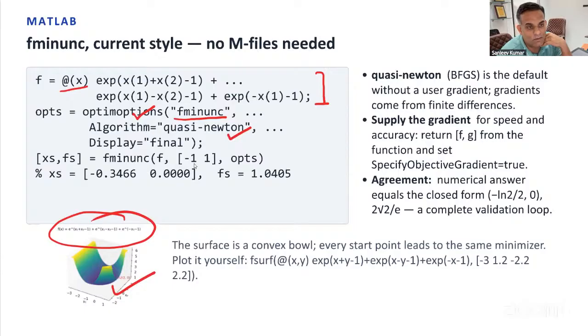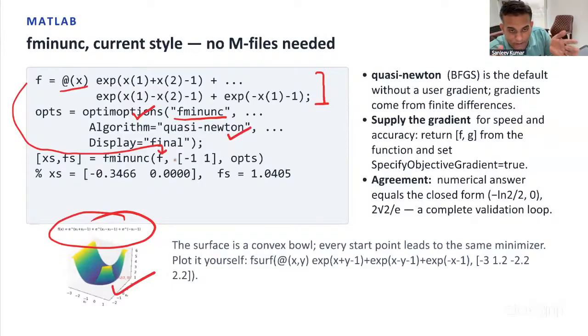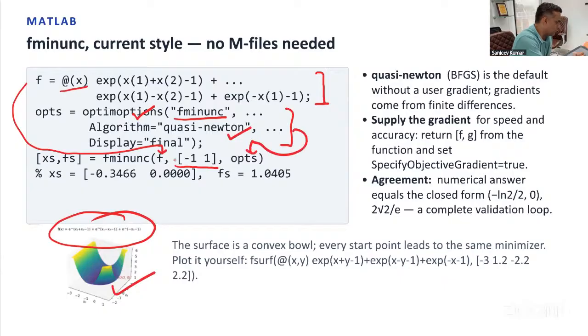You will pass your function which you have defined in the first line. Here you will pass it. You will pass the interval, the domain in which you want to solve your problem. So let us say both are from -1 to 1. And then which method you want to use, and so on.